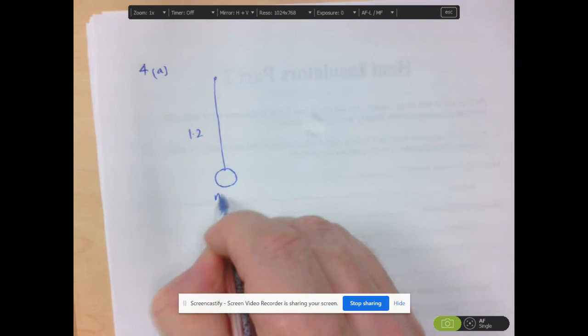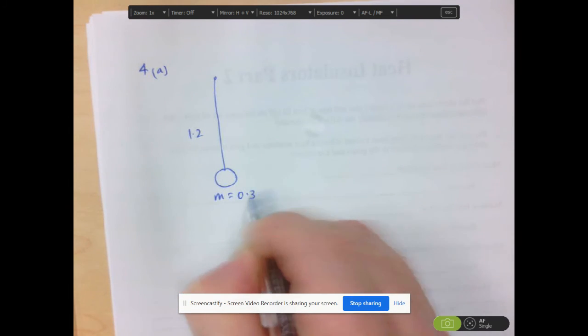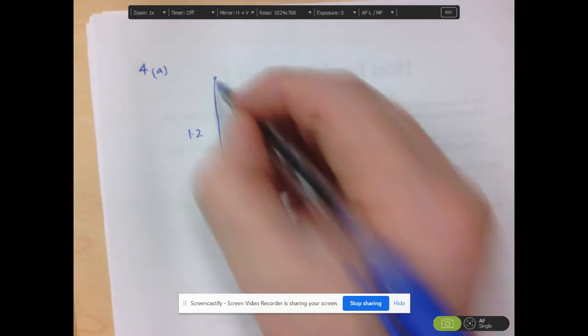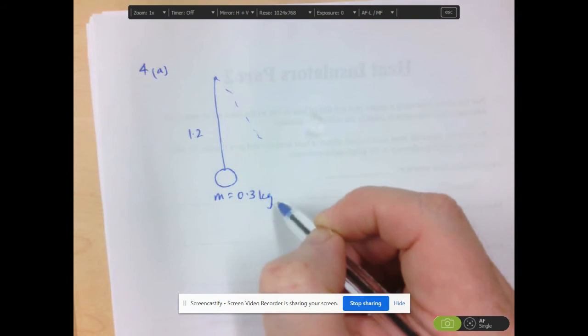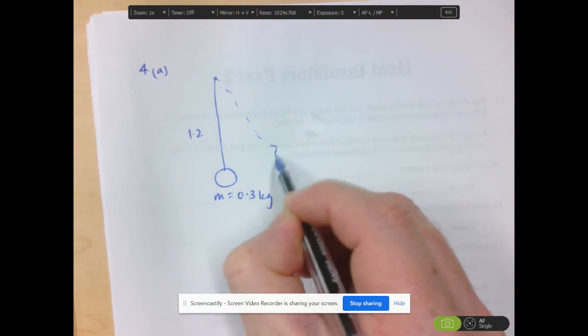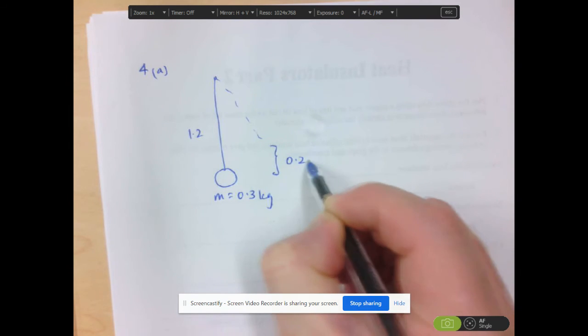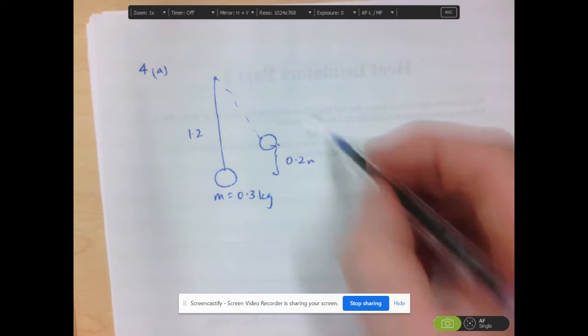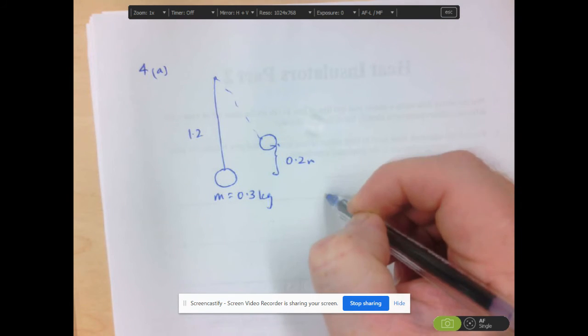It has a mass of 300 grams, so 0.3 kilograms. And when it is drawn back an angle of theta, it rises through a vertical displacement of 20 centimeters or 0.2 meters. So we can now work out the change in gravitational potential energy.